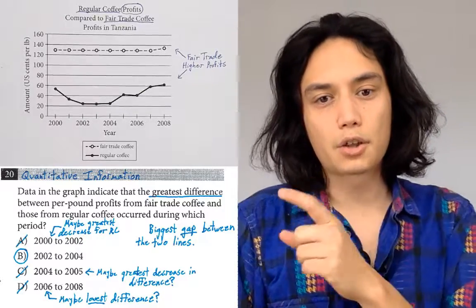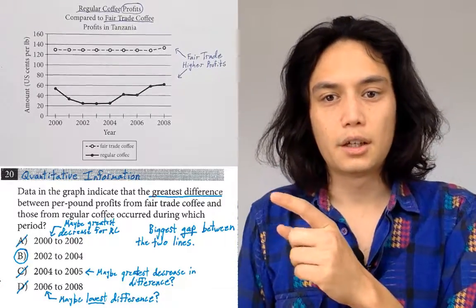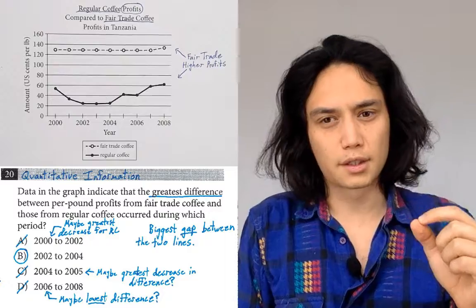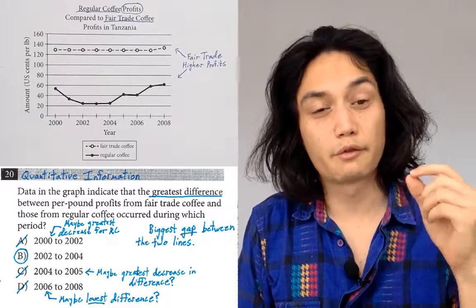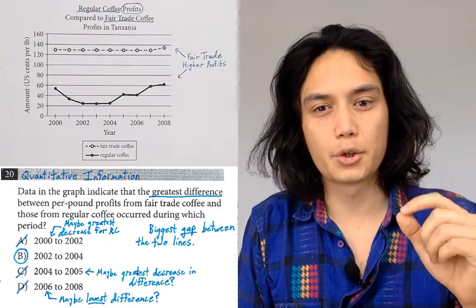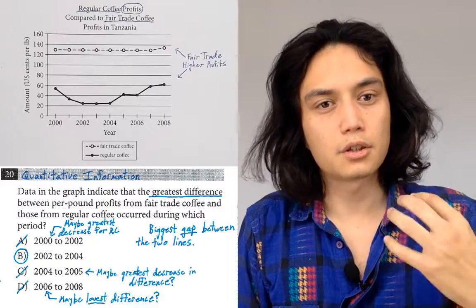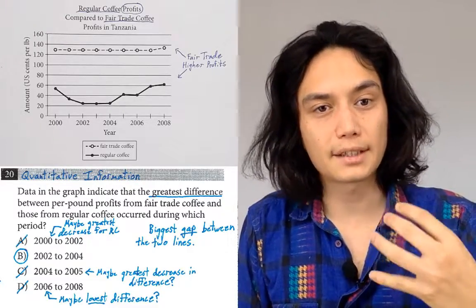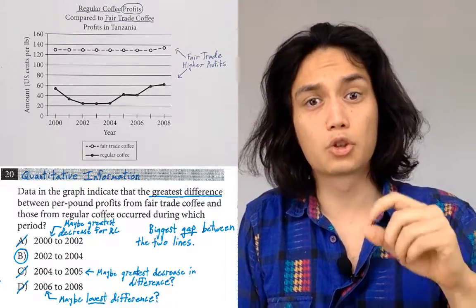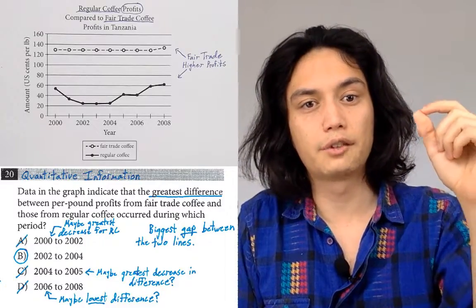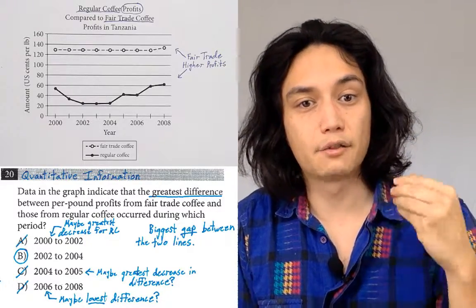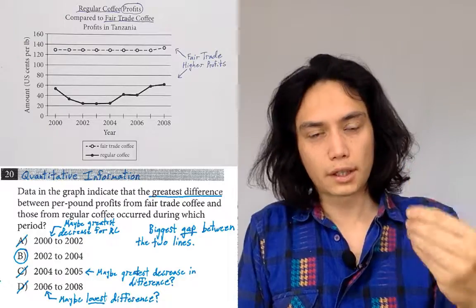All right, now the question itself is asking about the greatest difference between profits from fair trade coffee and those of regular coffee. So here it's really important to understand that we're asking about the difference. We're not talking about the greatest value that fair trade coffee had. We're not talking about the greatest value that regular coffee had.